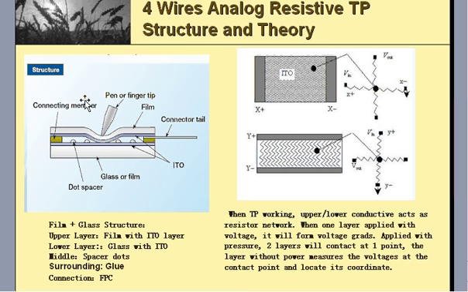It's the same thing for the bottom one: to the top there is a resistance and to the bottom a resistance. So just like a coordinate system, the resistive touch panel controller can locate this touch point. So then we'll know where the touch point is. So it's very simple.